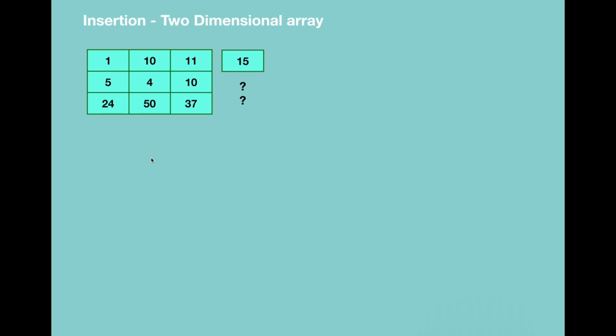Let's look at how we can insert a column at the beginning of a 2-dimensional array. So imagine that we want to add this column to this 2-dimensional array at the beginning. So what will happen?